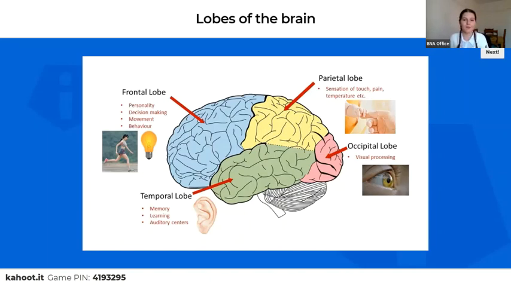So when you're moving your arm, moving your leg, that's the part of the brain that is controlling that really. So next, we've got the parietal lobe, next to the frontal lobe here, but further to the back, more in the middle of the brain here. And that's got lots of different functions, but the one that we'll be focusing on today is sensation. So it's actually got a part of it called the somatosensory cortex.